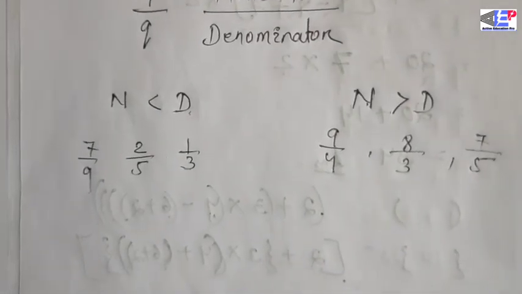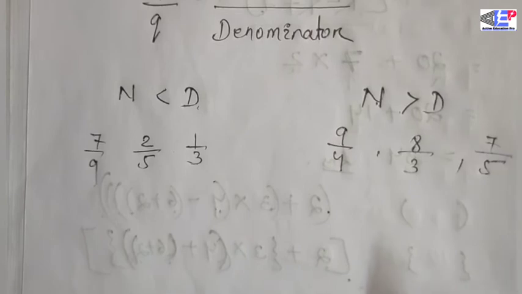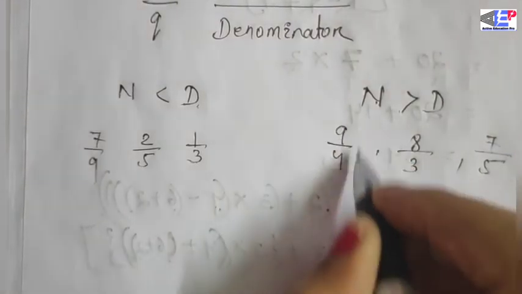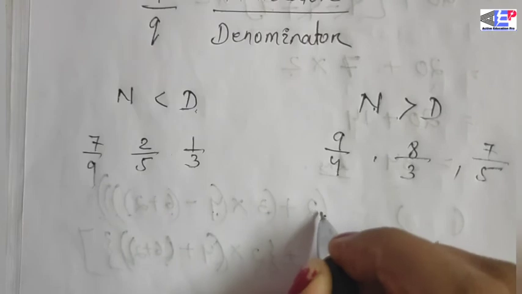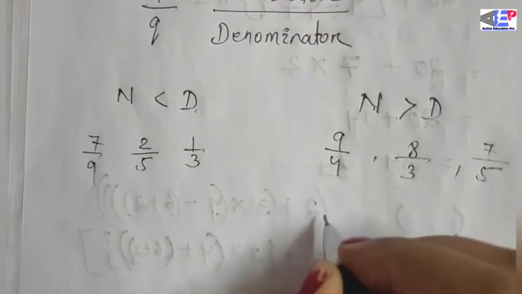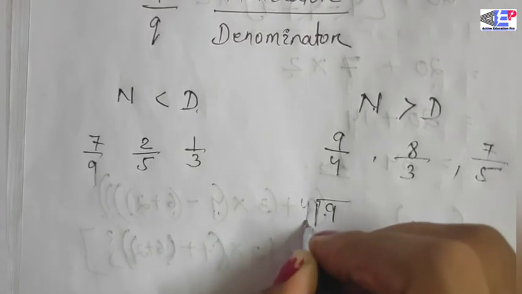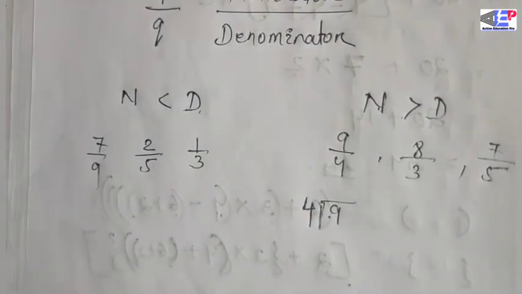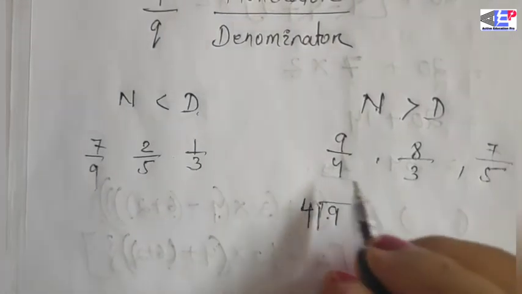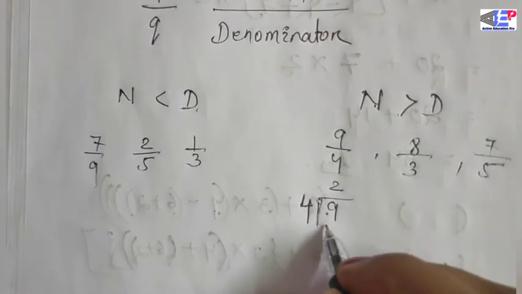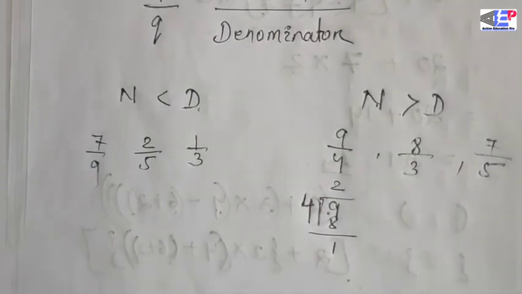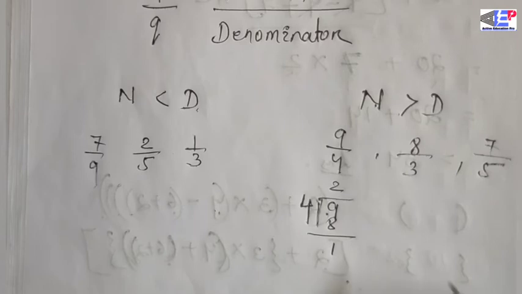These are mixed fractions. We can make it a mixed fraction by dividing 9 by 4. Your quotient is 2 and remainder is 1.